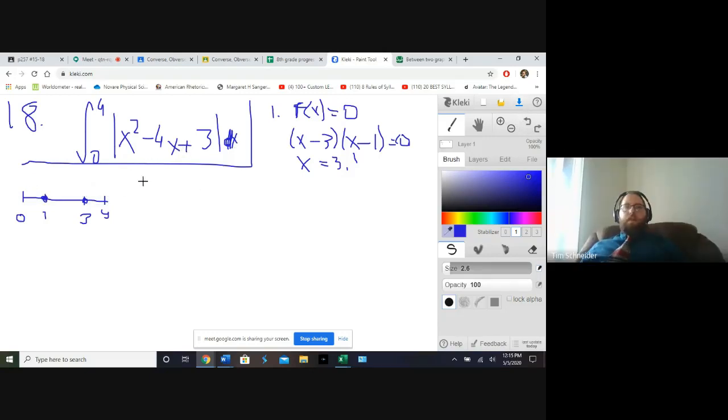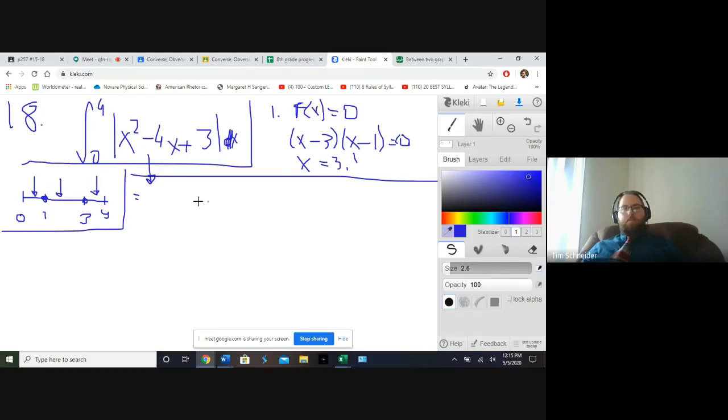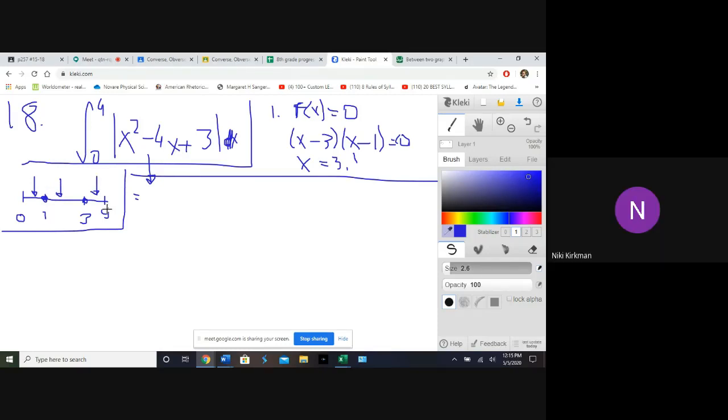Okay, so that tells us how we're going to split up the integral. We have to have one for this one, one for this one, and one for this one. So the integral from 0 to 1 of the function, plus the integral from 1 to 3 of the function, plus the integral from 3 to 4 of the function.